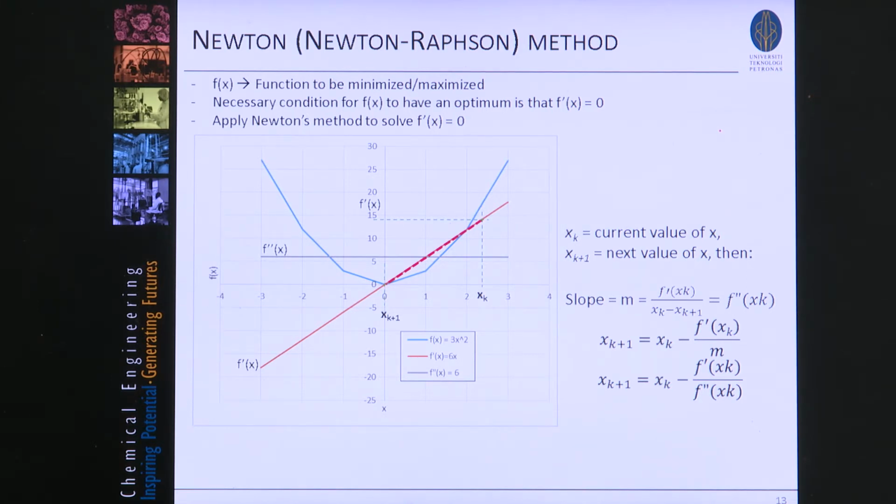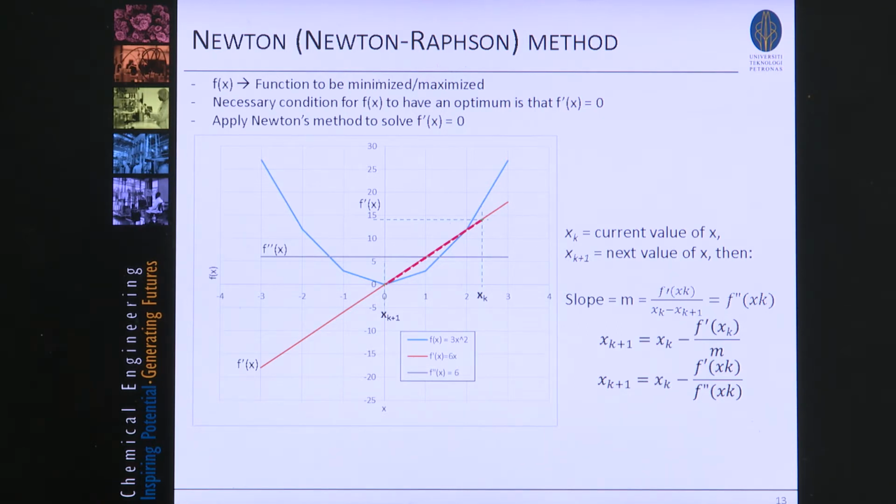Now the relation between Newton and optimization is that we can relate them to the first derivative equals 0, the necessary condition for optimality. In order for our function to be minimized or maximized, we need to find the stationary point, or the point at which it has a peak.